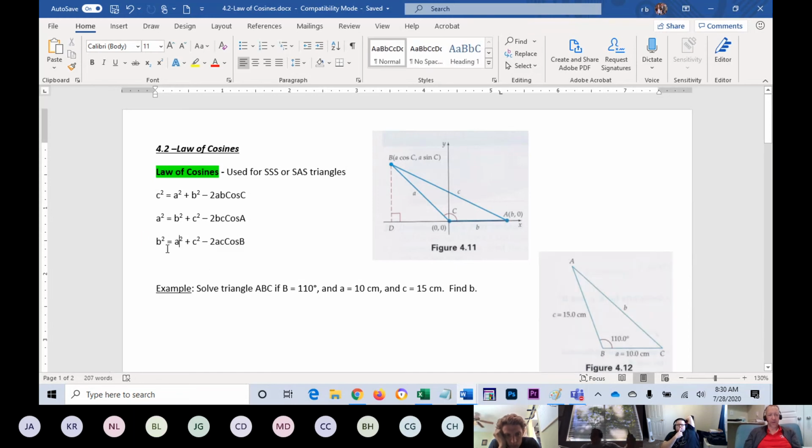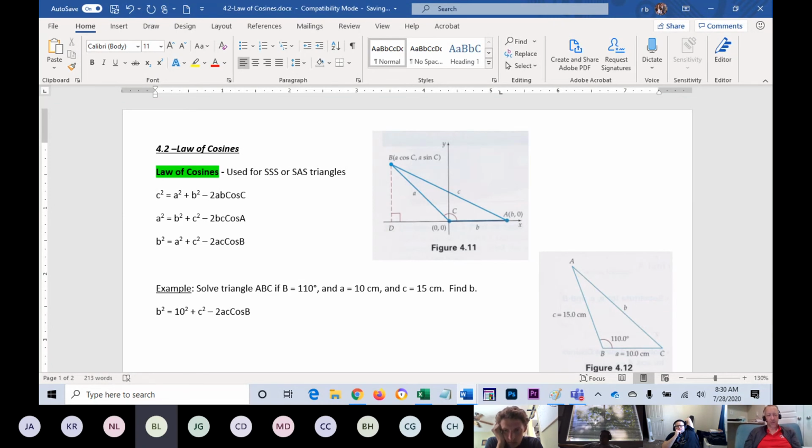I don't want to copy that triangle, I just want to copy the formula. Okay, so let's substitute in. So what's A in this case? A would be 10.